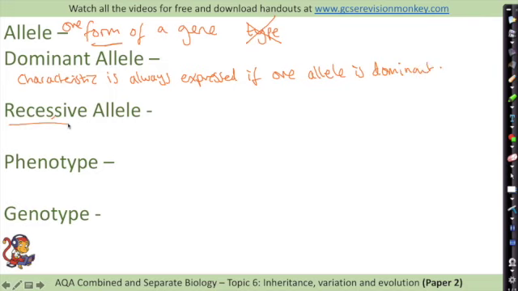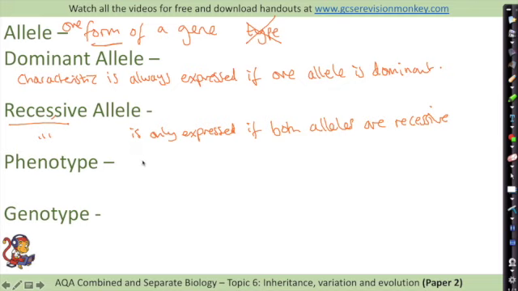Whereas with a recessive allele, the characteristic is only expressed if both alleles are recessive. So what that means is, to express something that is recessive, you have to have a recessive allele from both your mother and your father to have the chance of expressing that particular characteristic.